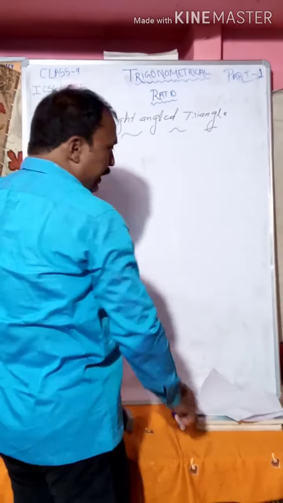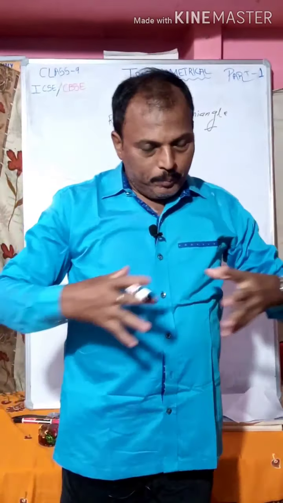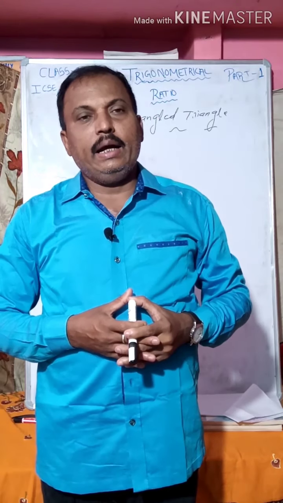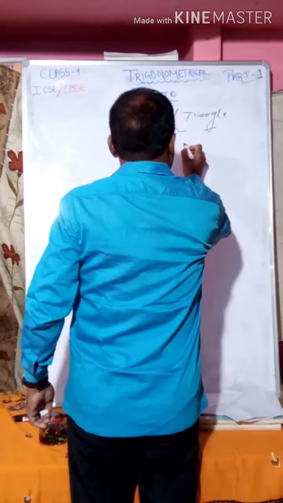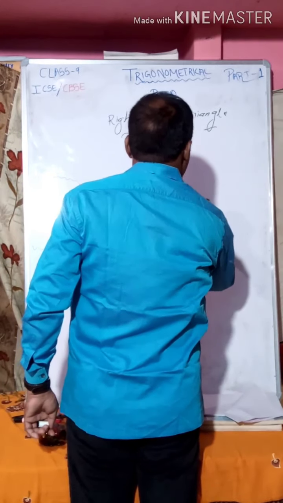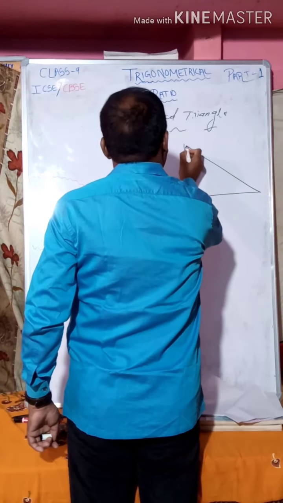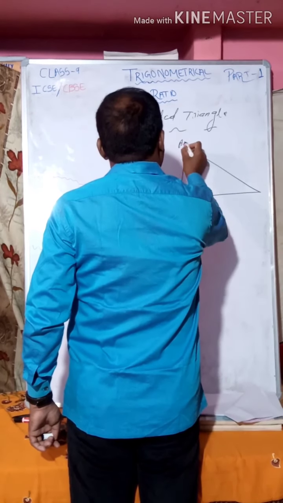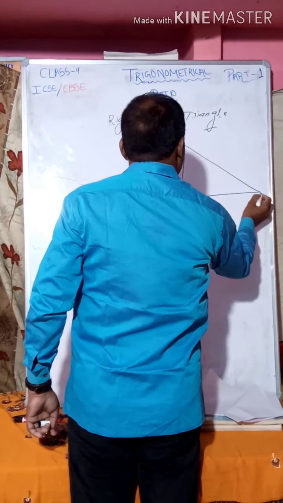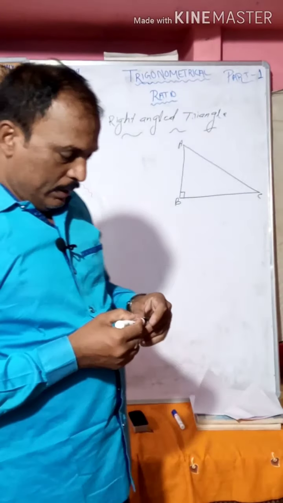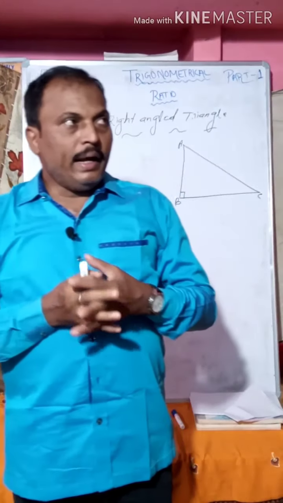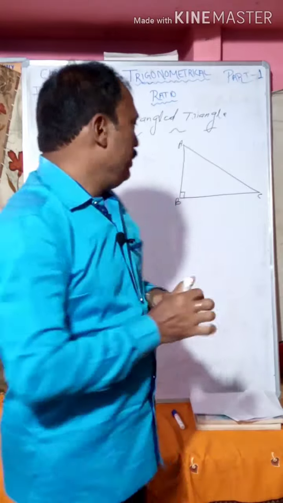How are trigonometrical ratios related to a right angle triangle? Now look, here is a right angle triangle, ABC.